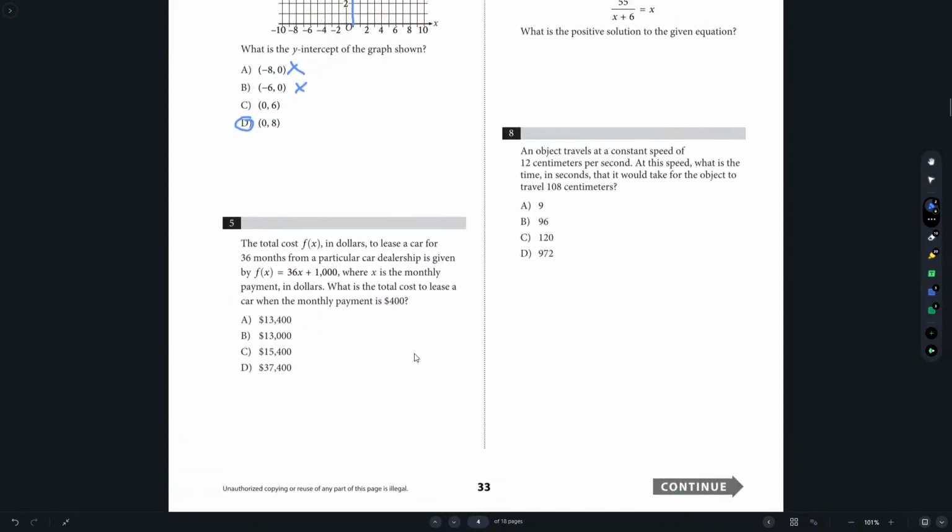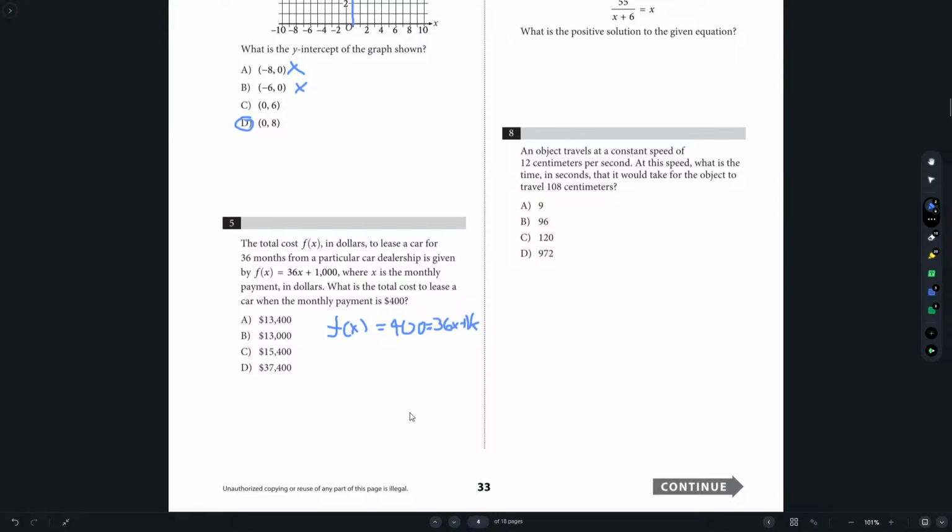The total cost, f of x in dollars, to lease a car for 36 months from a particular car dealership is given by this function, where x is the monthly payment. What is the total cost to lease a car when the monthly payment is 400? So we're going to set f of x equal to 400, and that's going to mean that 400 is equal to 36x plus 1,000.